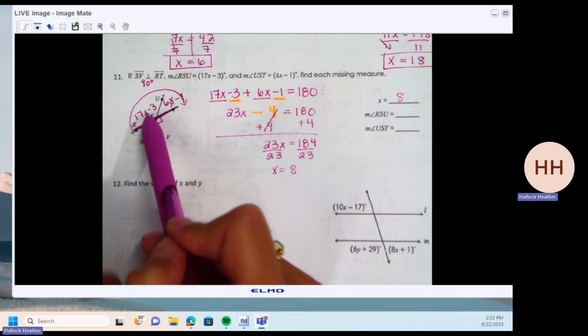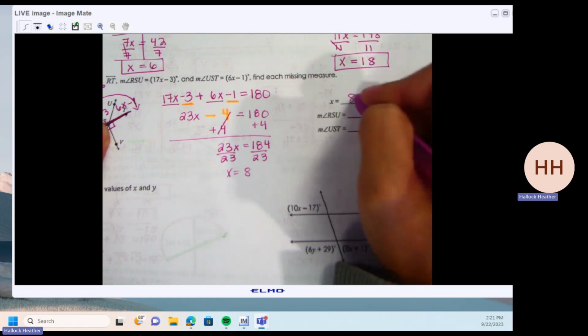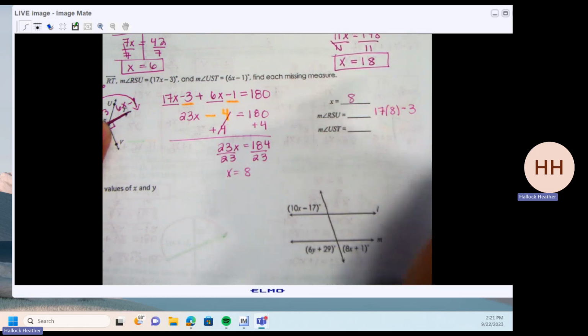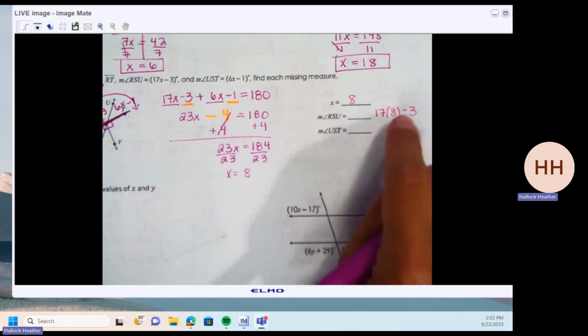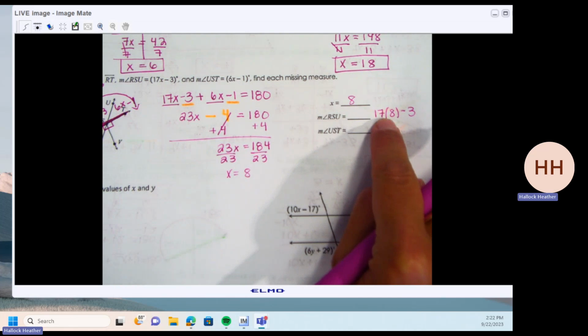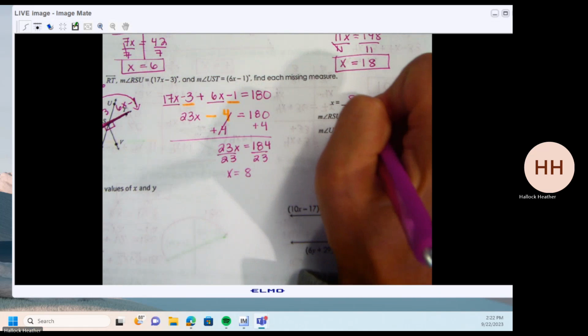I'm going to plug this in. 17x minus 3. So I'm going to do 17 times 8, because x is 8, minus 3. In a calculator, 17 times 8 gives me 136. Now I'm minusing 3. So I get 133 in total.